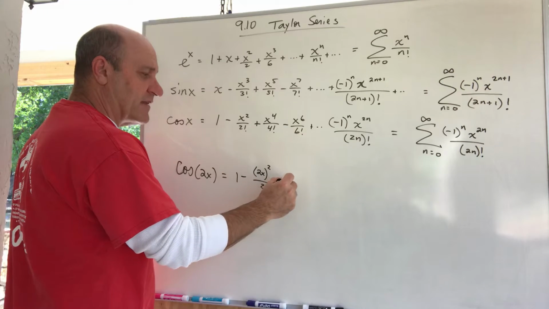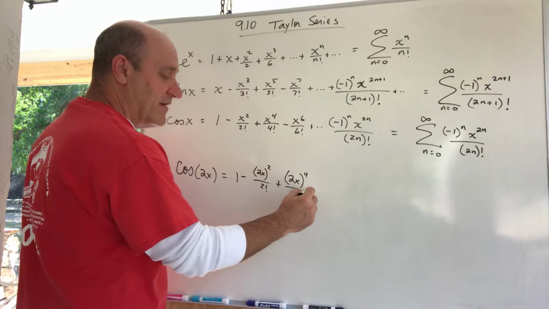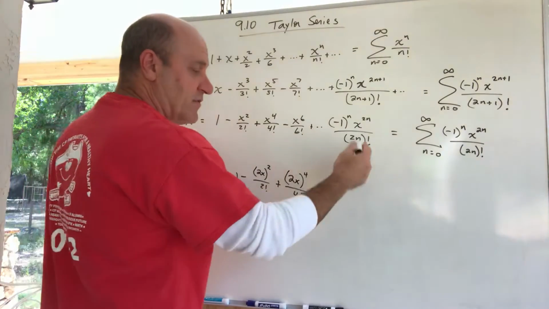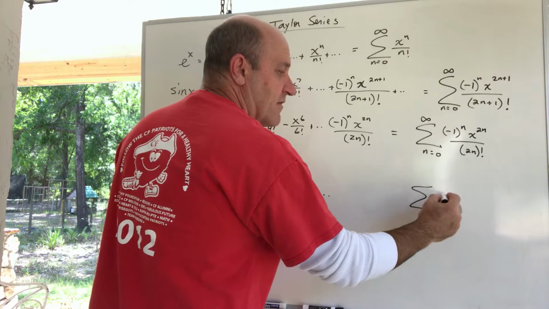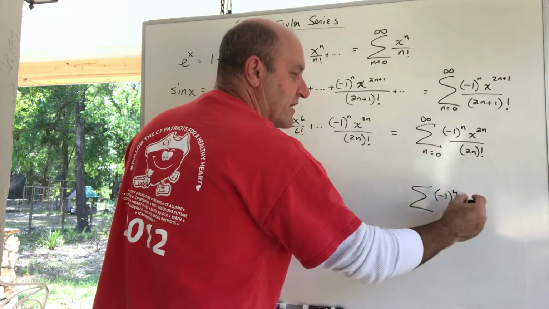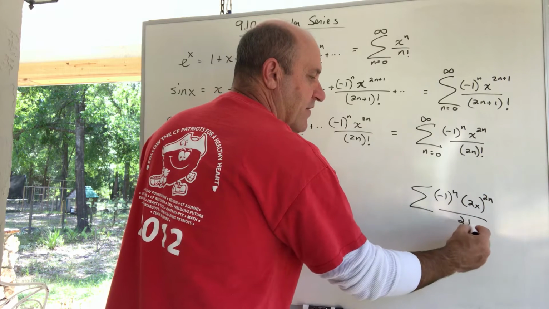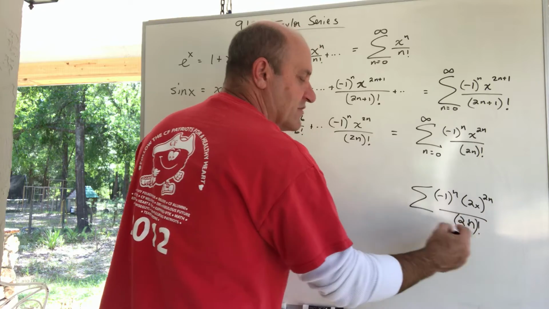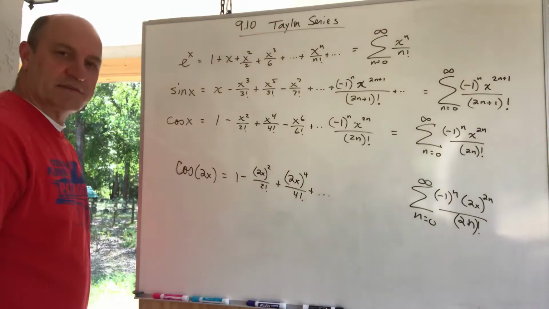Do your algebra correctly. The 2x, the whole quantity, is to the 4th. And there it is. Now you can go ahead and do it for the nth term if you want. Here, let's go down here. Here it is. It's (-1)^n. What am I doing? Replacing the x with a 2x. And there it is. I've just built a series for cosine 2x.